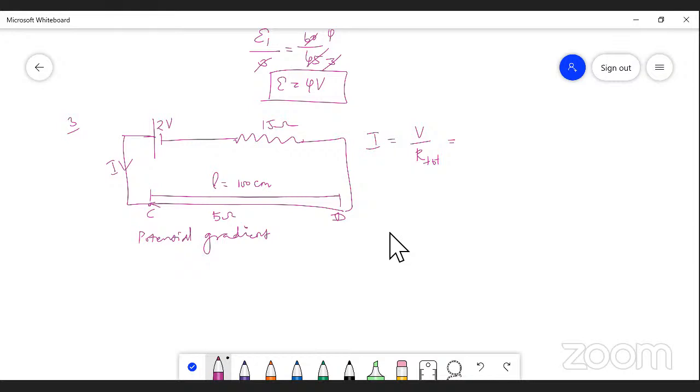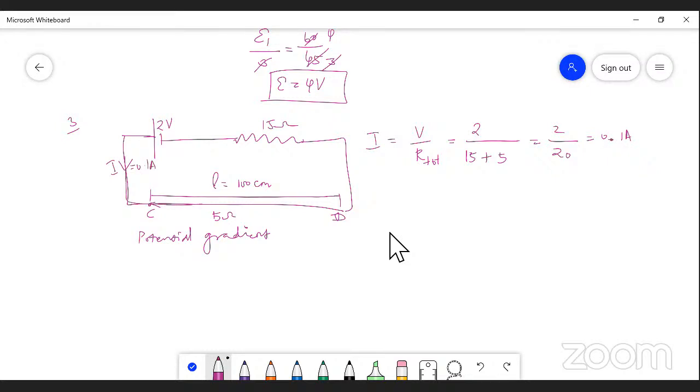So I equals V divided by R total. Potential is 2 volt. Resistance is the external resistance 15 ohm plus the resistance of the potentiometer 5 ohm. So we will have 2 divided by 20. This is 0.1 ampere. So the current flowing through the circuit is 0.1 ampere.